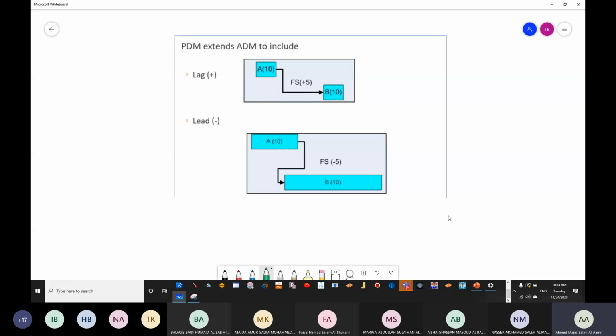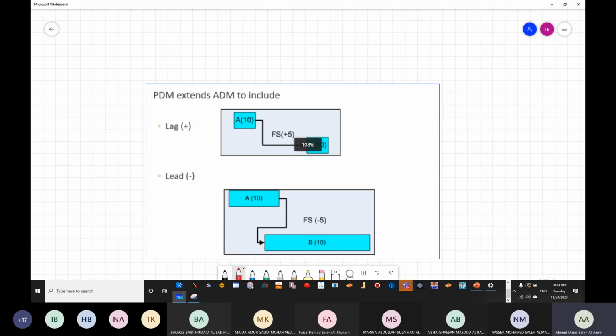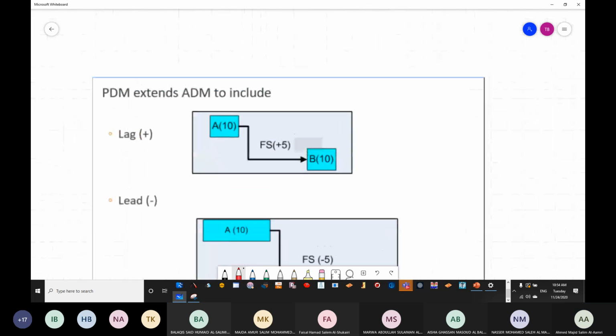Now, if you can see here, A is going to start at day number 0. 0 plus 10 is going to be 10. In regular cases, B is going to start at 10.